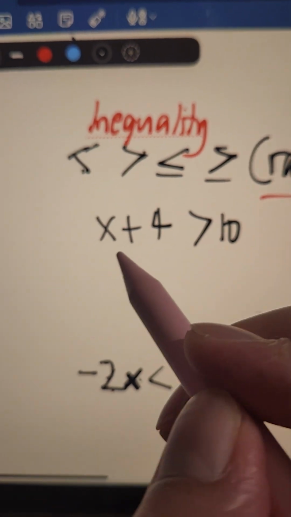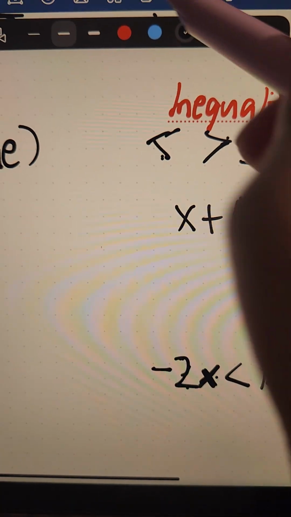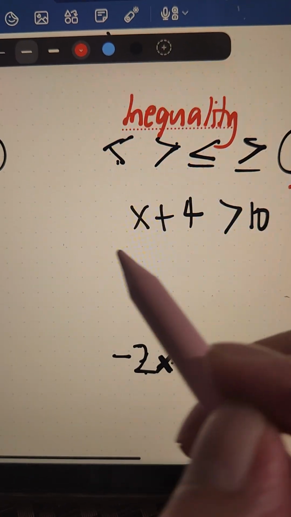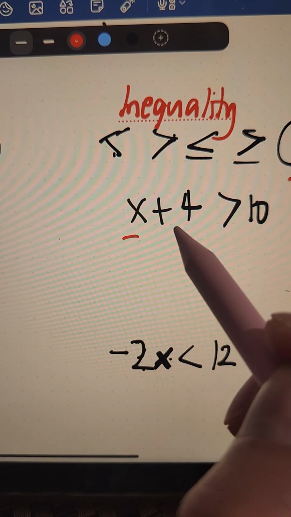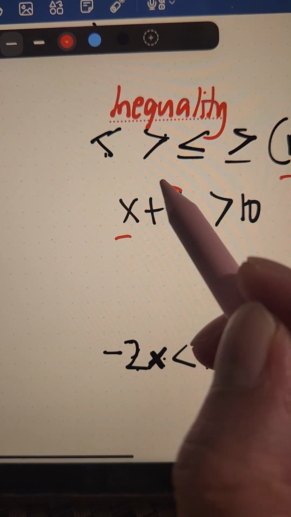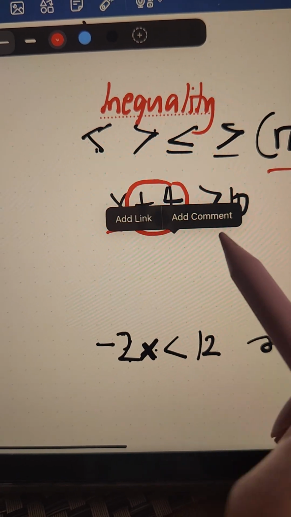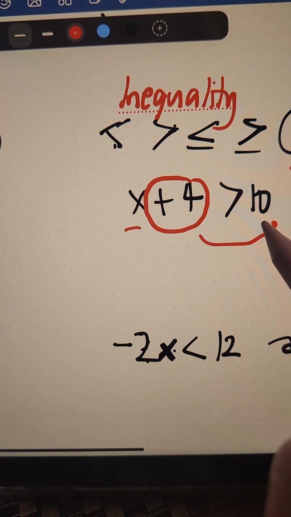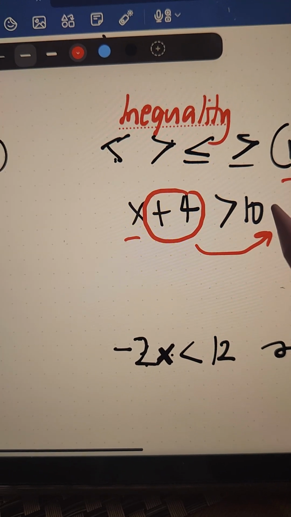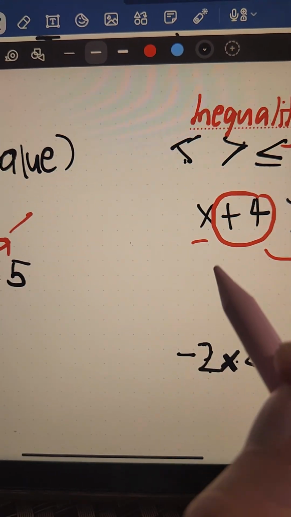So let's take for example this one. What happens here is only x is left on one side. This 4, we move it to the other side. Okay. So again, when we move, it becomes the opposite operation. Okay.